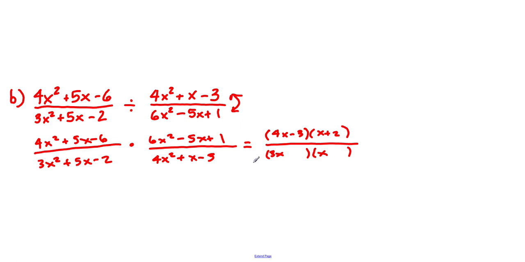And I should end up with a minus 1 and a plus 2. We're multiplying that fraction by the factored version of this one. So 6x squared minus 5x plus 1 will factor into 3x minus 1 times 2x minus 1.